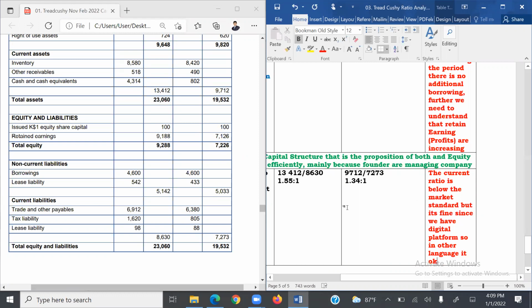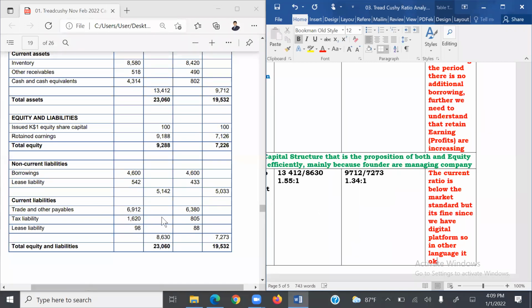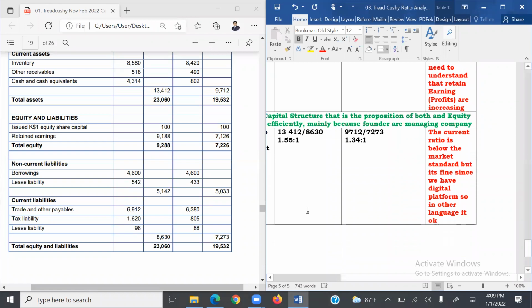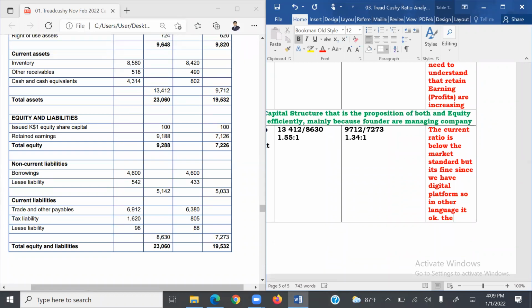And also, students, if you see, there is a tax liability of 1,620 and 820. So I'll write down here the tax liability does not belong to operation, it is management. It's a legal aspect, because paying tax is a legal statute.